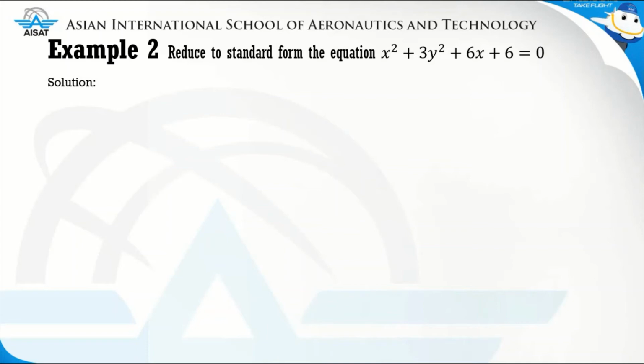Now to reduce this general form of an ellipse to standard form, our first step will always be transposing the constant on the right-hand side of our equation. So our positive 6 here will be transposed on the right-hand side, which will give us x squared plus 3y squared plus 6x is equal to negative 6.